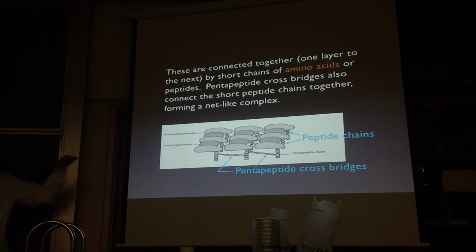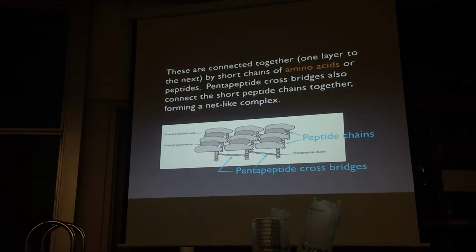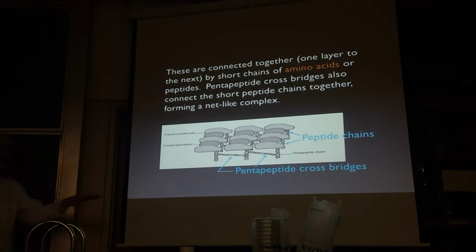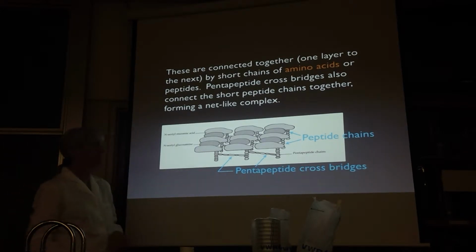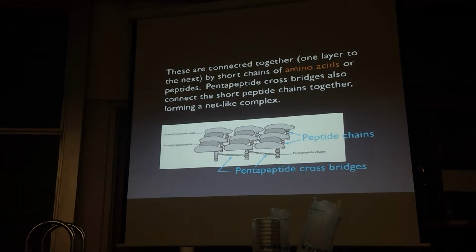Again, this is one tiny section of one page, and all of the pages are going to be connected together by these chains of peptides. So they're all really connected to one another. What that tells you is peptidoglycan is huge in terms of molecular size, because it's these big long chains of polysaccharides, and it's all interconnected by peptide bridges.